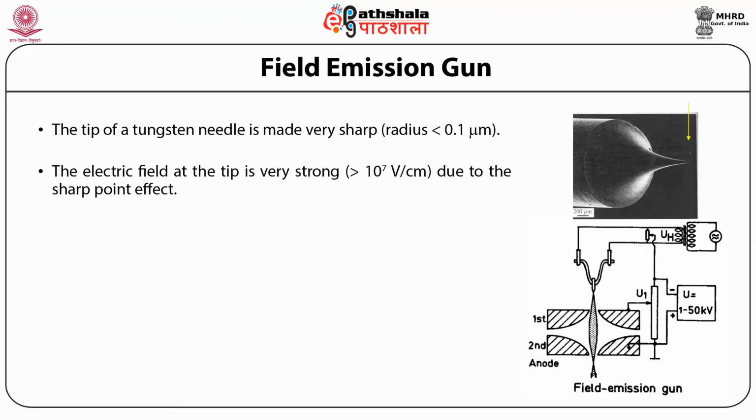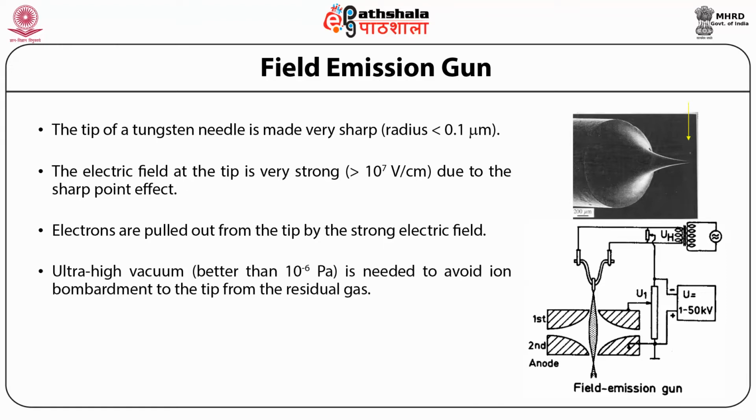Now here the electrons are pulled out from the tip by the strong electric field. An ultra high vacuum better than 10 to the power minus 6 Pascal is needed to avoid ion bombardment to the tip from the residual gases. So an electron probe diameter of less than 1 nanometer is possible in this case.